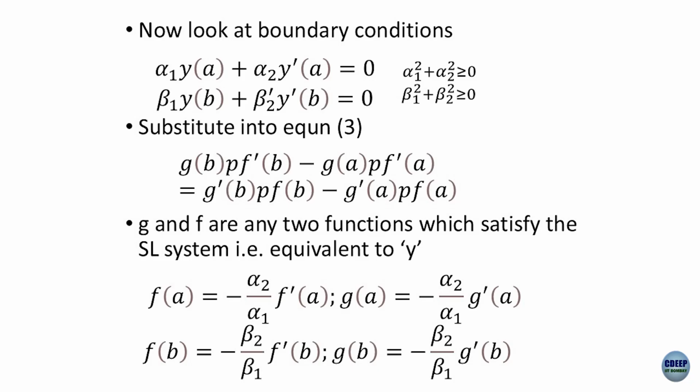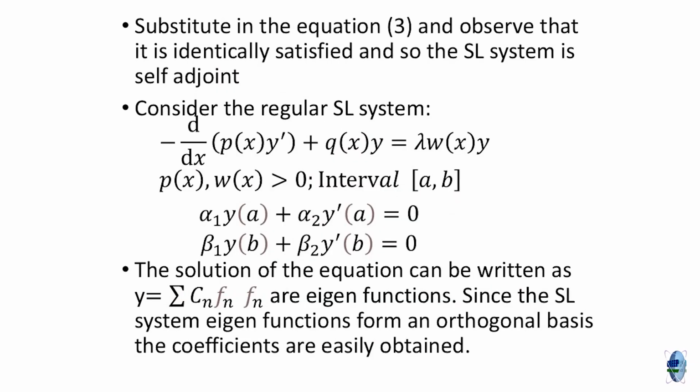We just said that, okay, it is straightforward brute force algebra, so you go ahead and do it. And what you found is that the so-called self-adjoint nature of the Sturm-Liouville problem was verified. And this is once again the regular Sturm-Liouville system.